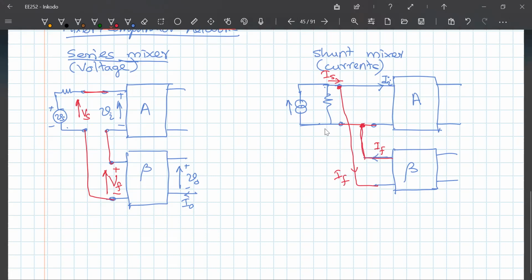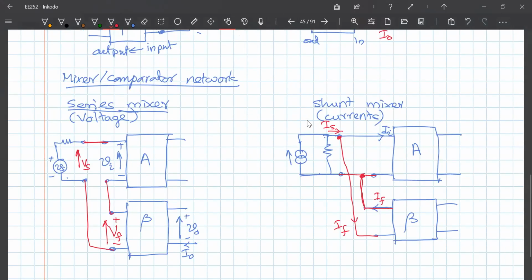So IS minus IF is equal to II. Okay, so that is how I connect it in order to mix a current. So if the input to my amplifier is a current, I have to subtract a current. Then this is how I do it. Hope this is clear. Any questions up to now? Any questions?